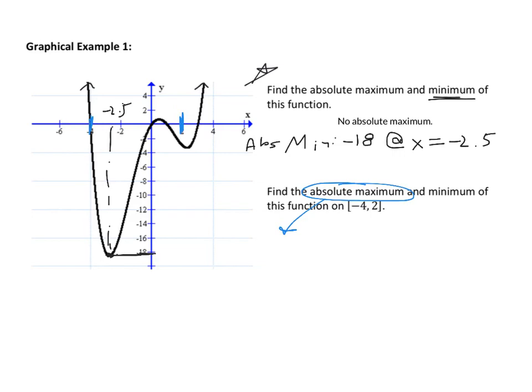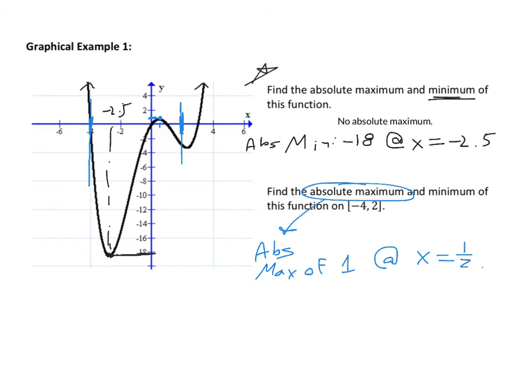And the answer is yeah, because if I'm only looking at this between negative 4 and positive 2, then the absolute highest it gets seems to be right about there. And maybe that's 1. So this function has an absolute maximum of 1, and that happens at x equals, I don't know, maybe it's at about half.